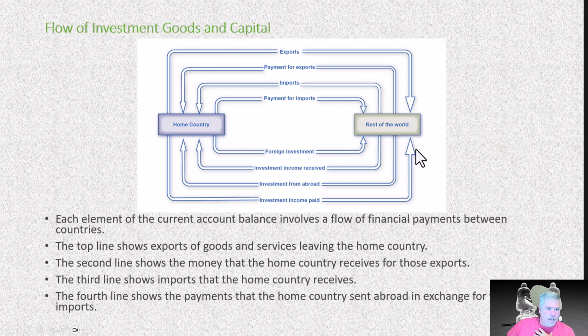So you can see that it's a constant flow, and the system is always generally in balance. We'll talk about why, because it's pretty interesting how foreign exchange rates and the flow of financial capital tend to force everything to balance out.